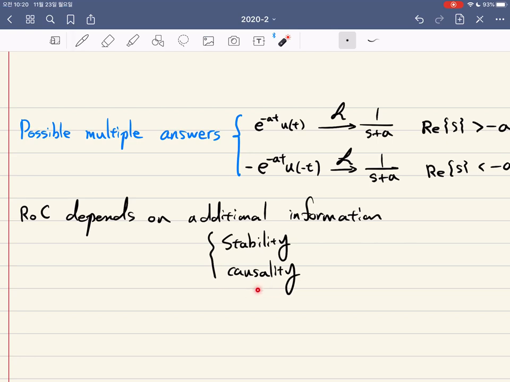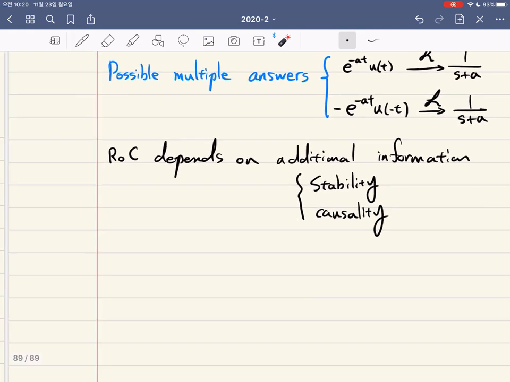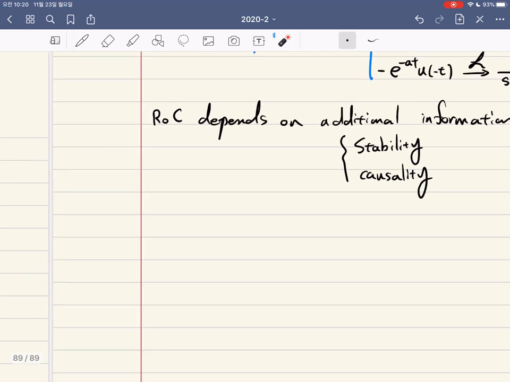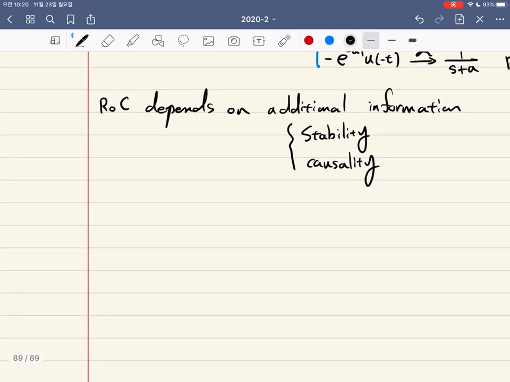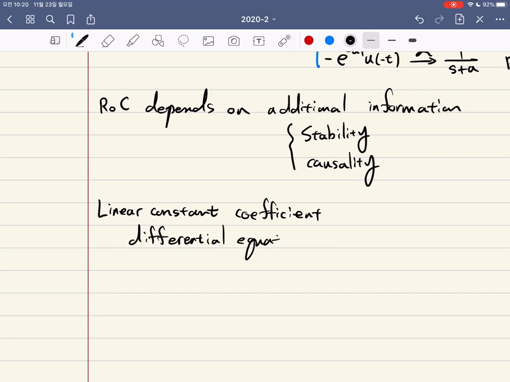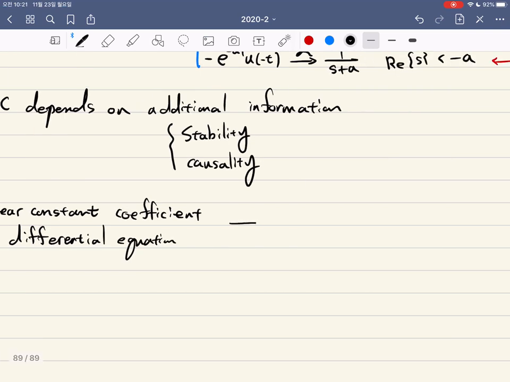If you have causality, which is true for physical systems, then of course you can choose your final answer based on this information. So what I'm trying to tell you is that the linear constant coefficient differential equation can provide you the algebraic expression for the system function.